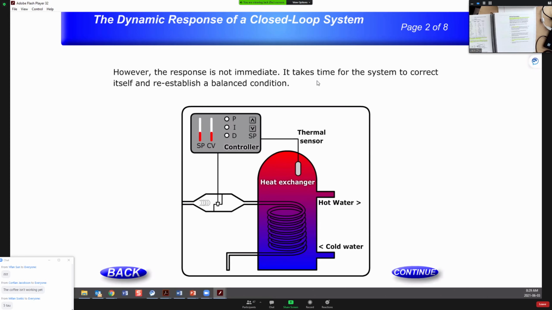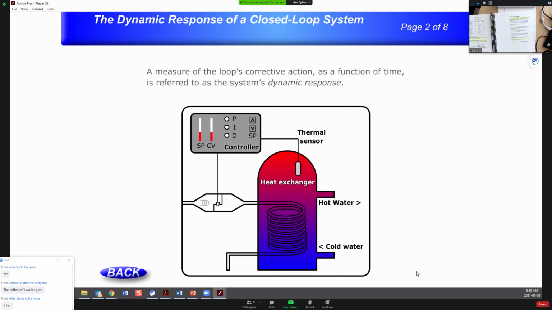But it takes time to make those corrections. So the measure of the loop's correction action time is called the dynamic response.